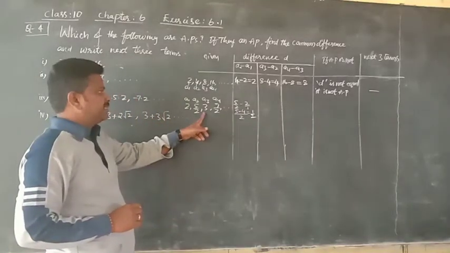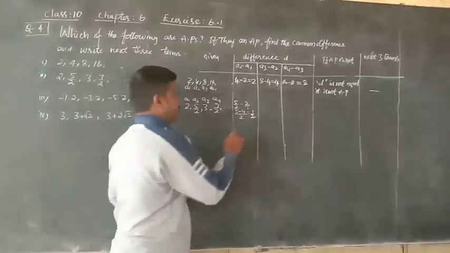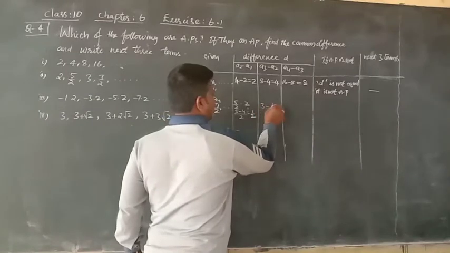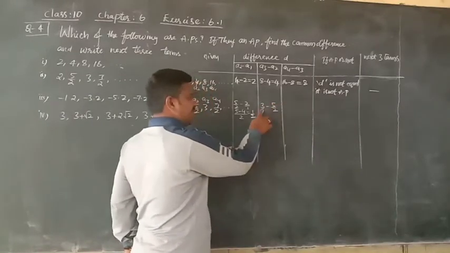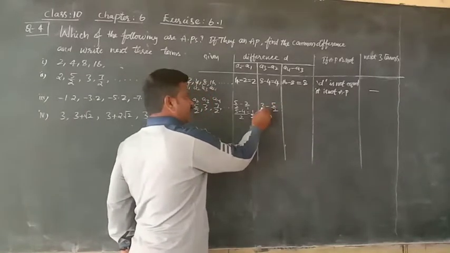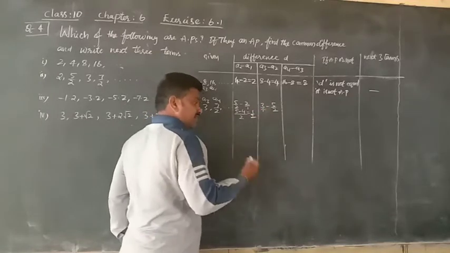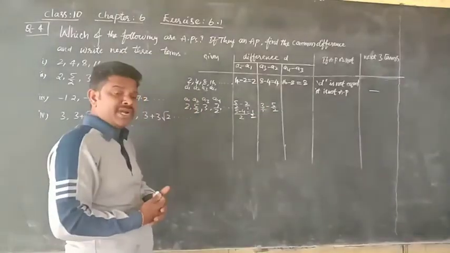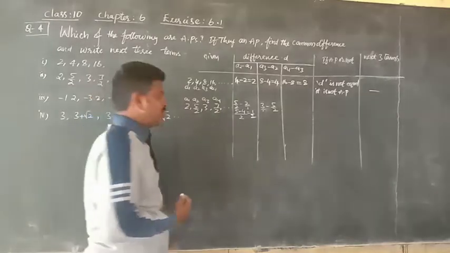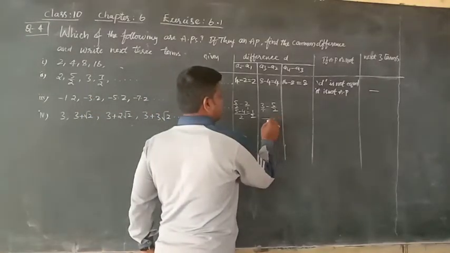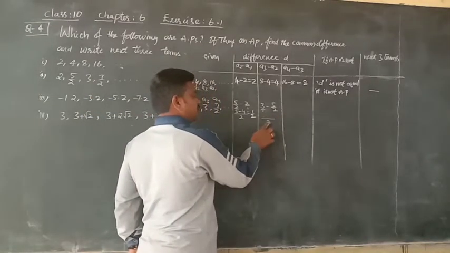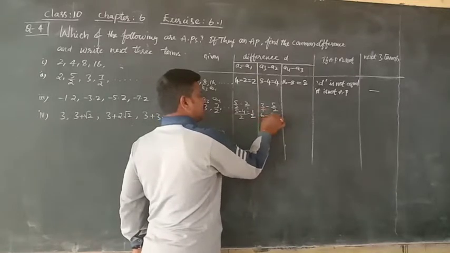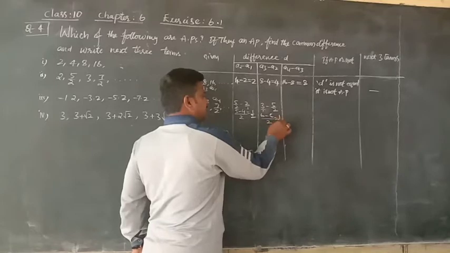Next, A3 minus A2, 3 minus 5 by 2. Is there any denominator under 3? No, it is 1. So the LCM is 2. 2 times 3 is 6, minus 5, equals 1 by 2.